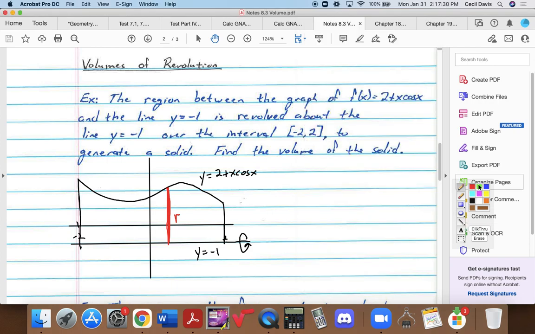And now it's really just like the volumes by slicing. A lot of people teach volumes by slicing and volumes of revolution like they're 2 entirely different things. They're really not. What are we going to get when we rotate this all the way around? We get a circle. So the area is pi r squared.